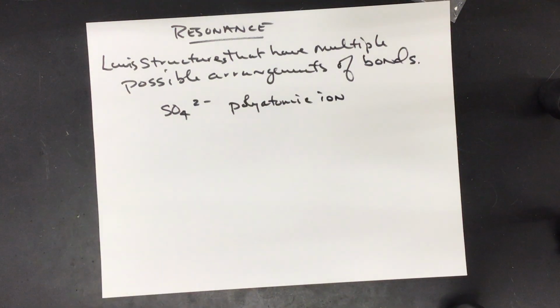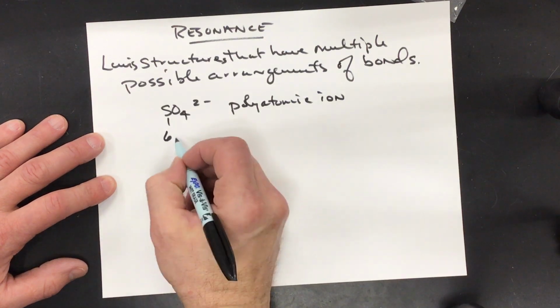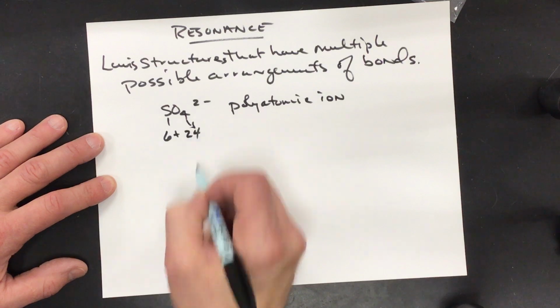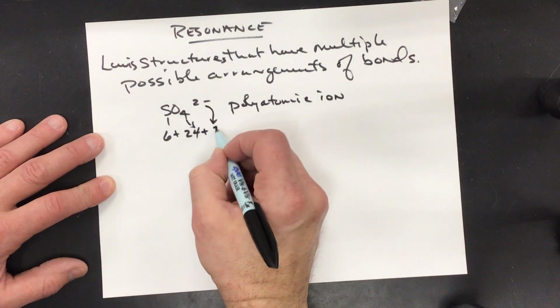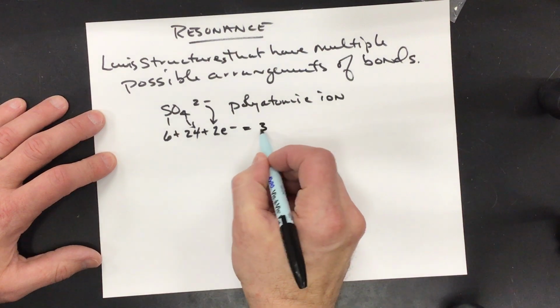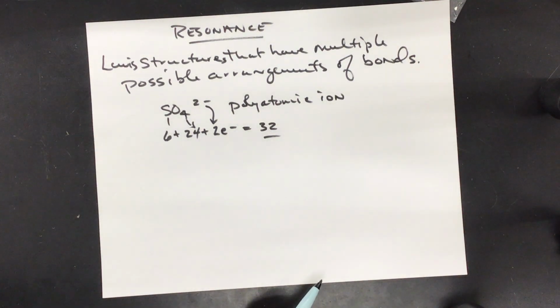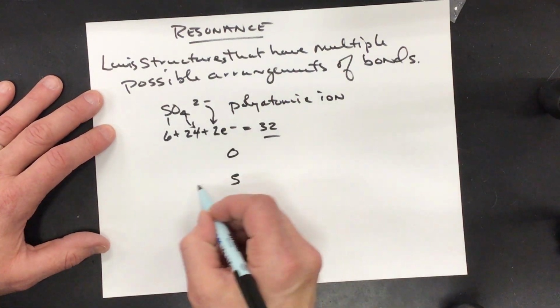We can apply the rules for Lewis structures to this. If we apply those rules, the sulfur's in group 6. There's one of them. Oxygen's also in group 6, so that's 4 times 6, 24. Now, if you have a negative charge, you're going to add 2 electrons. There are 2 extra electrons as part of the structure. So this is going to add up to a total of 32, which is a nice multiple of 8. If we go through the structure, we're going to put the central atom as sulfur, 4 oxygens surround.